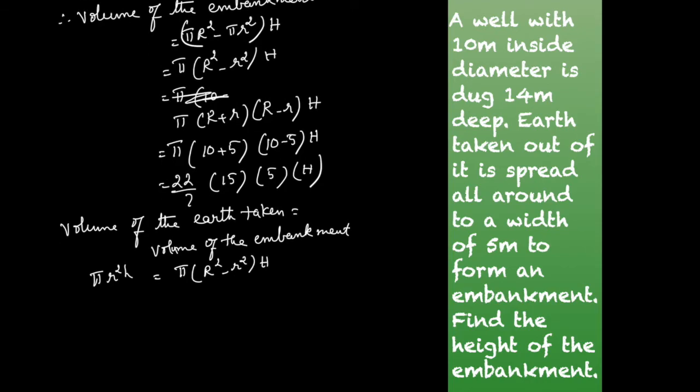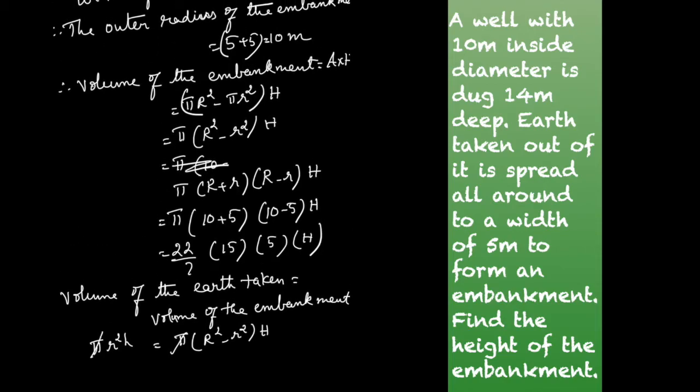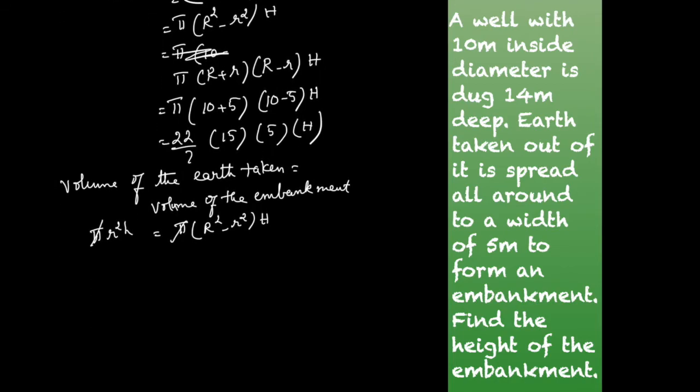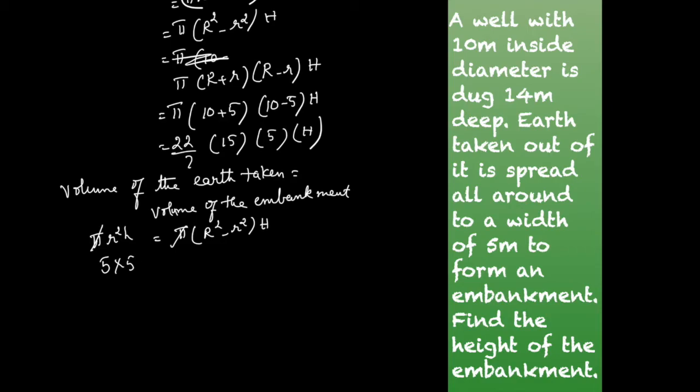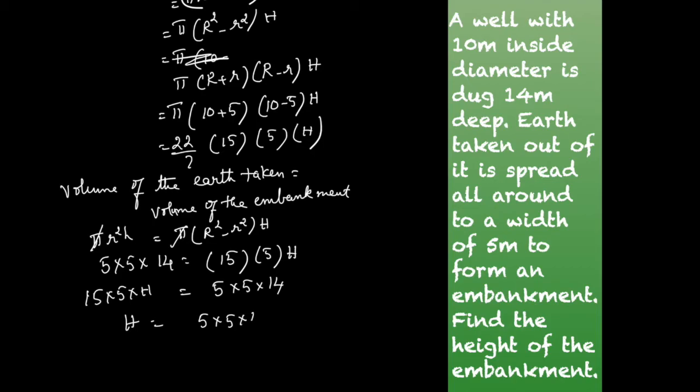Like that you write the formula; whenever you write the formula, you get some marks. So pi gets cancelled. Already we have done that part. 5 into 5 into 14 equals 15 into 5 into h. So h is equal to 5 into 5 into 14 by 15 into 5.